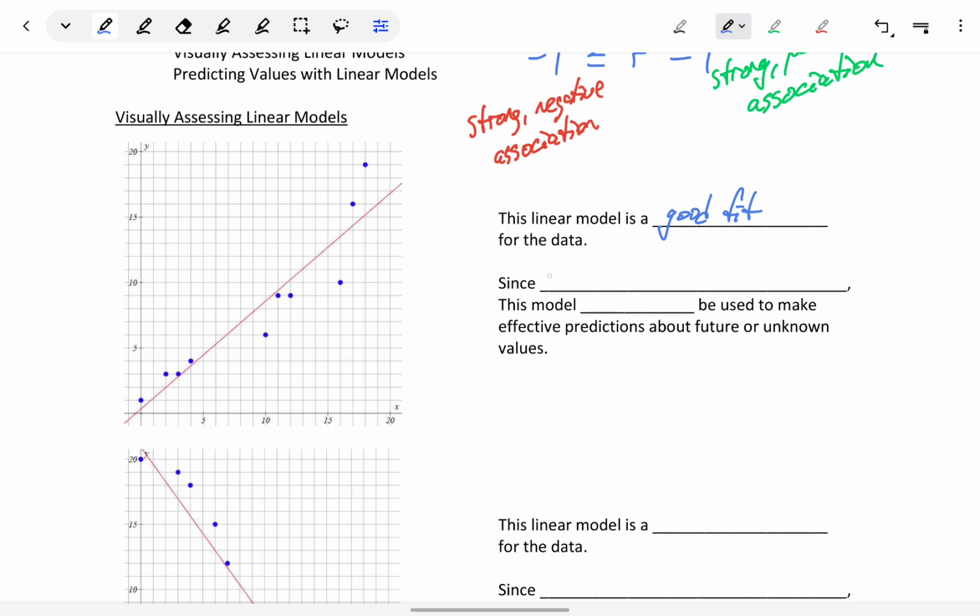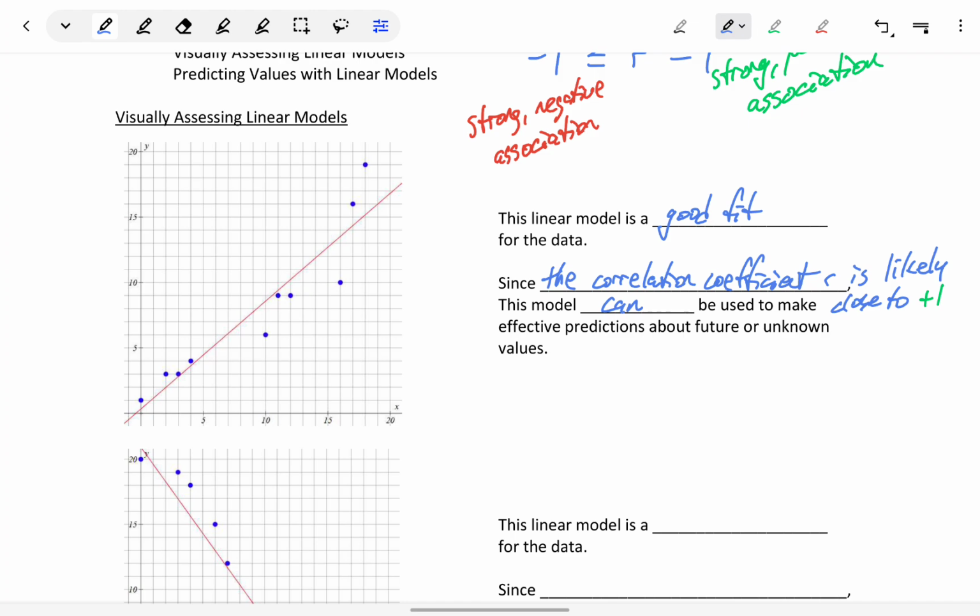So since the correlation coefficient R is likely close to +1, since we see an increasing pattern, we would say that this model can be used to make effective predictions about future or unknown values.